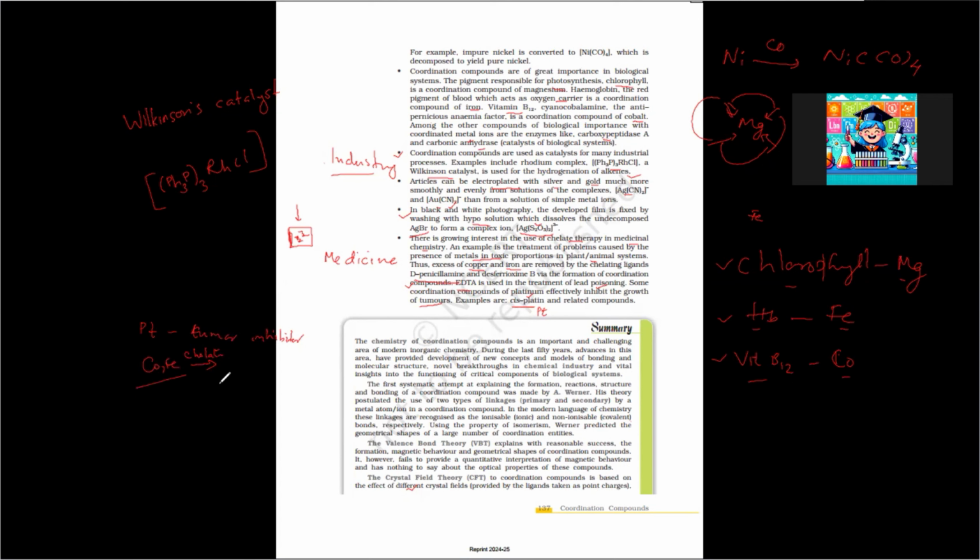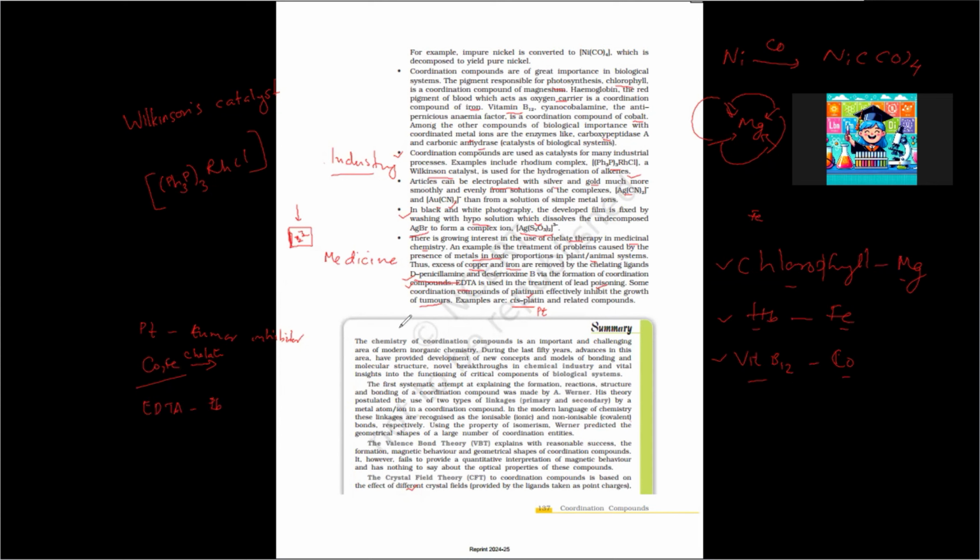Examples of these chelating ligands are D-penicillamine and desferrioxamine B. And EDTA, the ligand ethylenediaminetetraacetate, is used for removing lead, thereby treating lead poisoning. And there are other examples also.